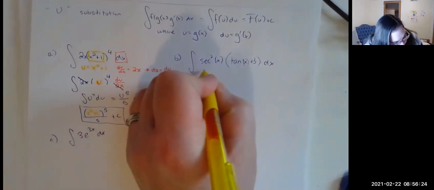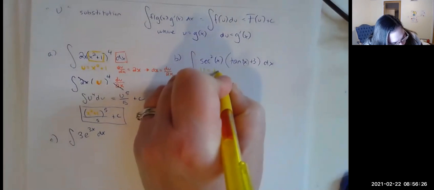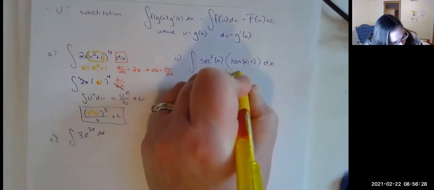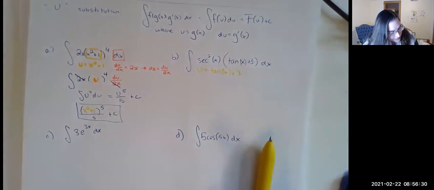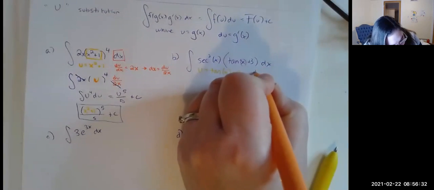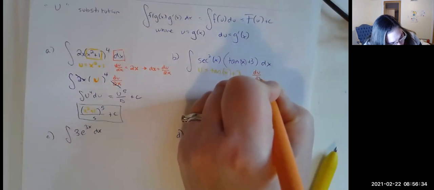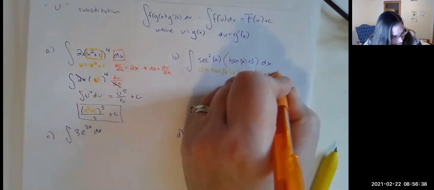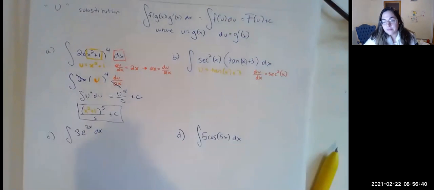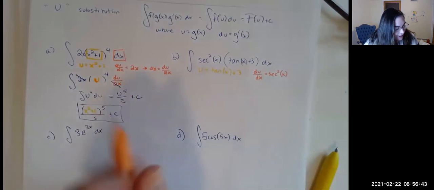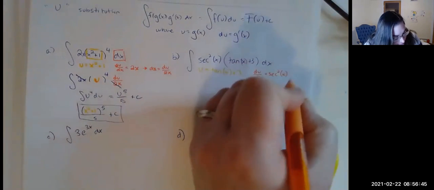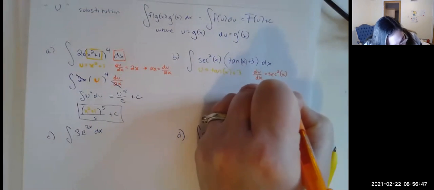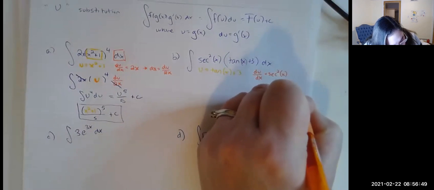So I'm going to say we're going to let u equal tangent of x plus 3. I'm going to say that du with respect to dx is equal to secant squared x. Right, that's the derivative of tangent. And then I'll do that algebra again, that dx is equal to du over secant squared of x.